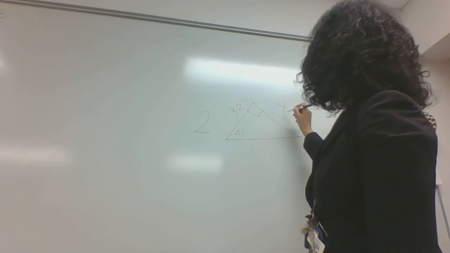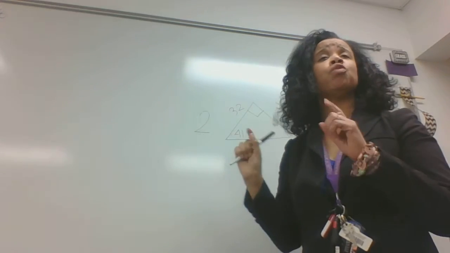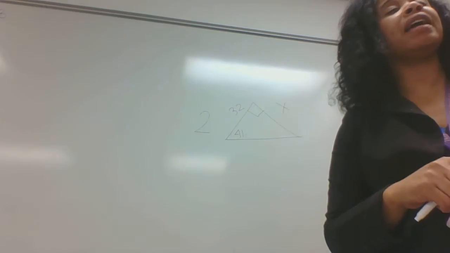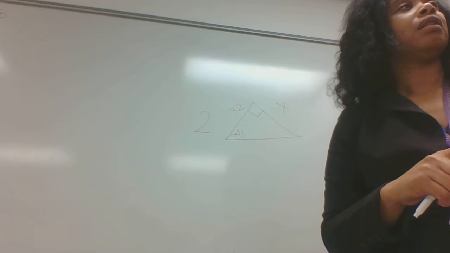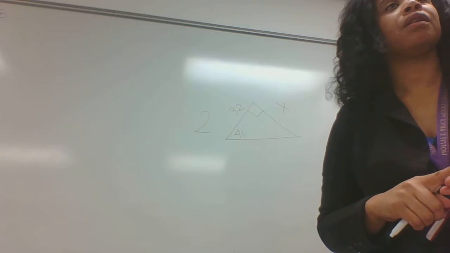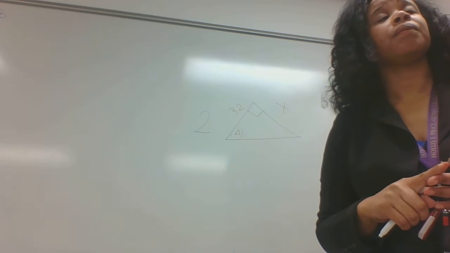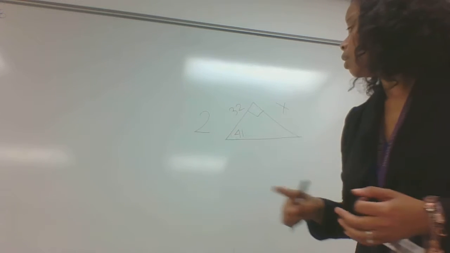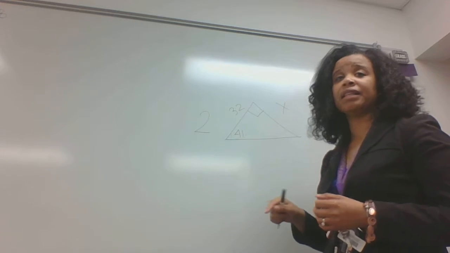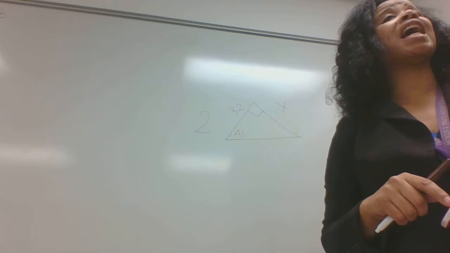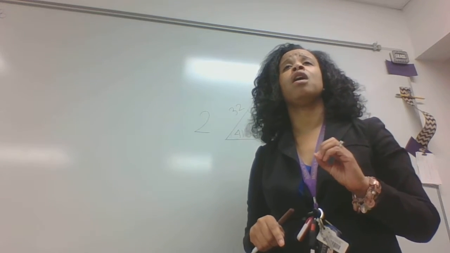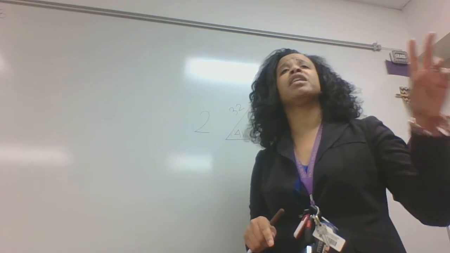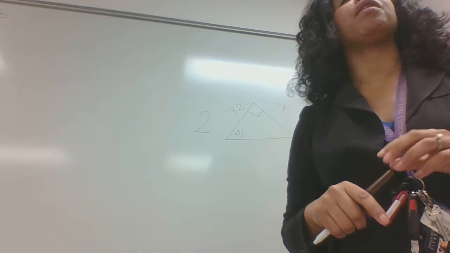Is it based on the sides that we have? Does this represent sine, cosine, or tangent? What are we going to use to find this? Sine, cosine, or tangent? For sine, you're going to hold up one finger. Cosine, two fingers. Tangent, three fingers. Give me your answer.